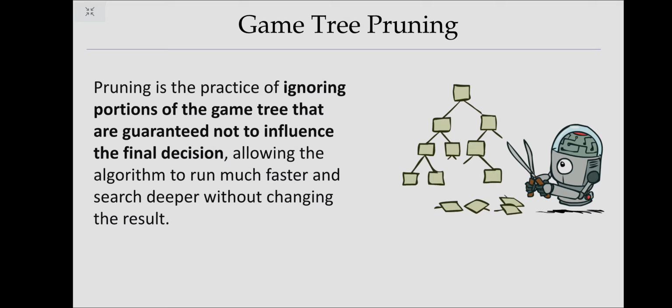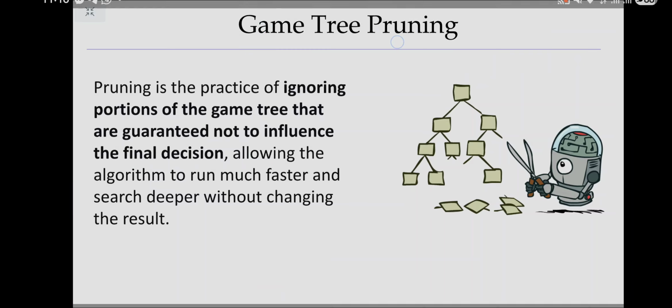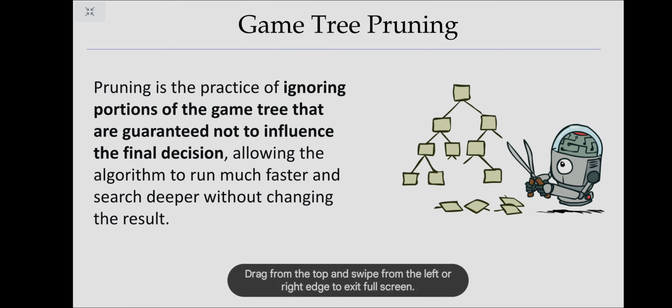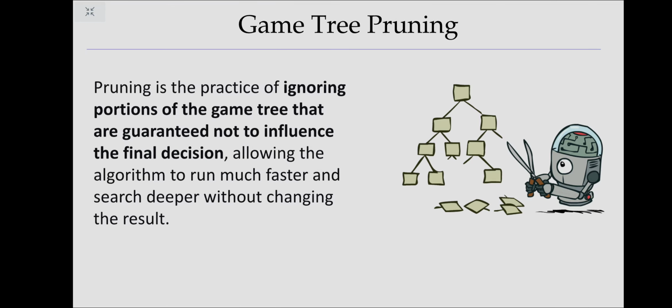Pruning is a very, very important and simple strategy for AI. This means ignoring some portions of the game tree without losing the good result in the final decision.